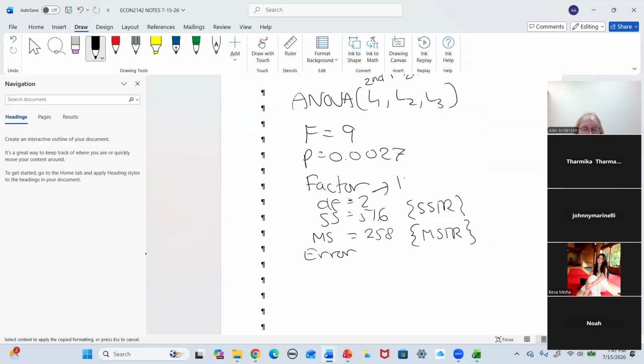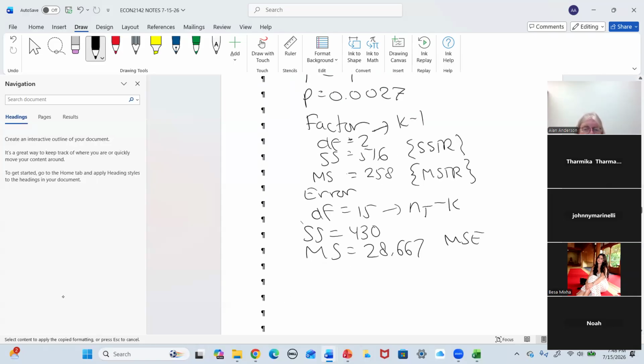And don't forget, SS is 430. And then finally MS, and this is what we called earlier MSE.